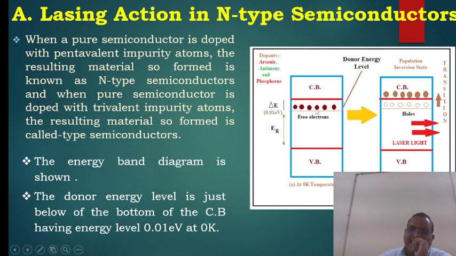It means the free electrons are here. Now, what do you do? Again, you give the external photon to the system. When you give the external photon, these free electrons go to the conduction band, leaving behind the holes here.